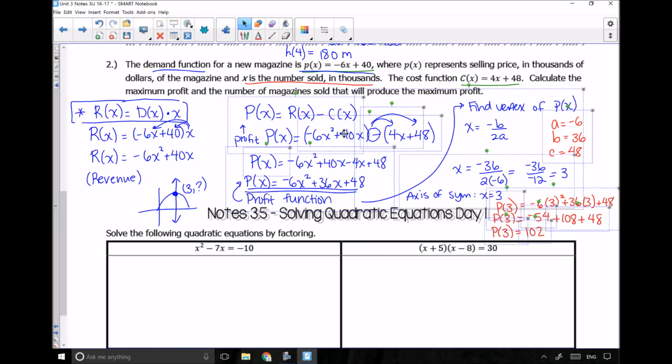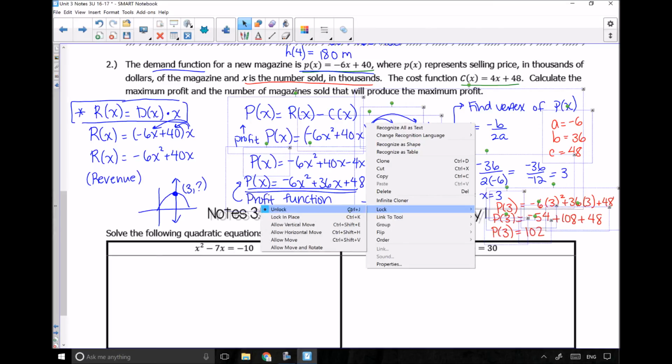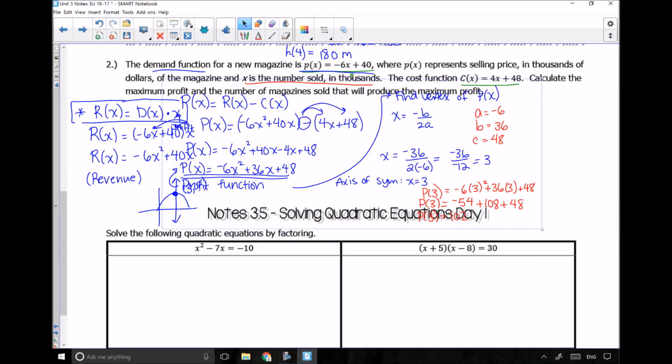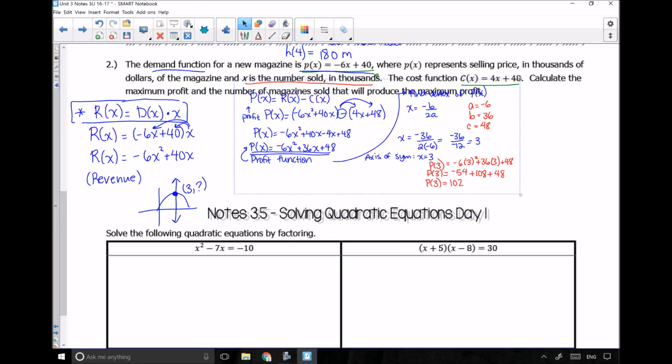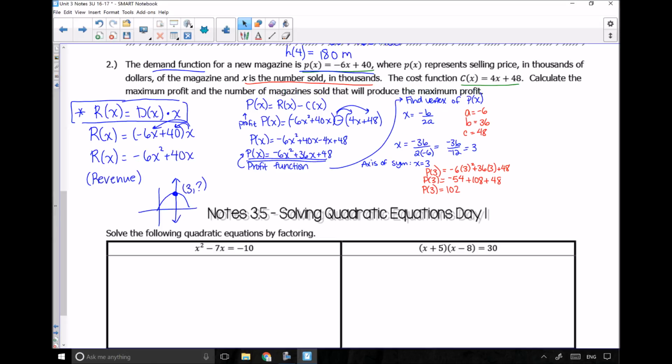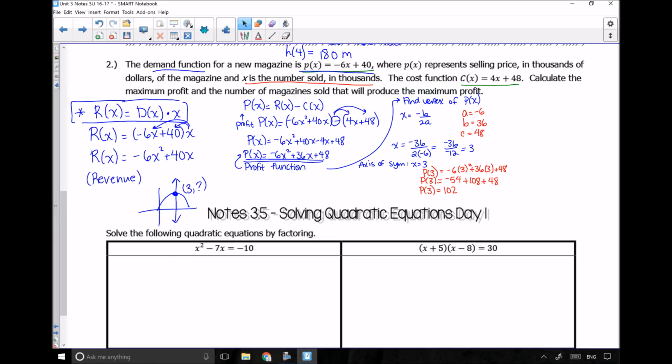Based on all that information, I can say that the maximum profit is $102,000, and the number of magazines sold that will produce this profit has to be 3,000 magazines, because that 3 is the x value that we need in order to get our vertex. So our vertex occurs when x equals 3.